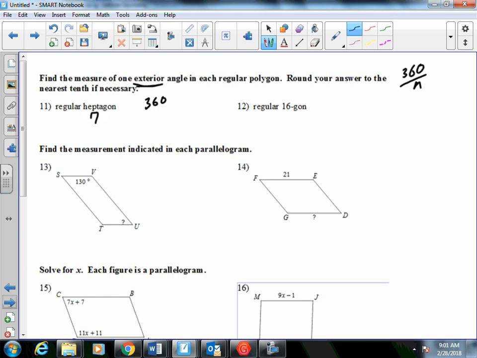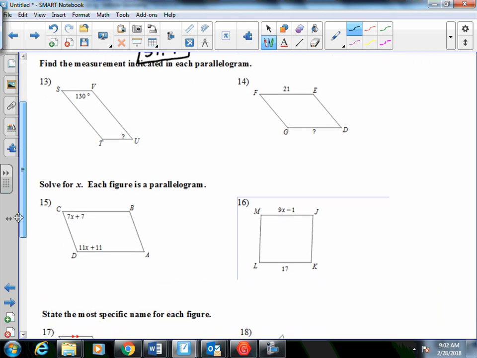So 360 divided by 7 is 51.4 degrees. And 12, a regular 16gon. So it's got 16 sides. 360 divided by 16. Gonna be 22.5 degrees for one exterior angle.